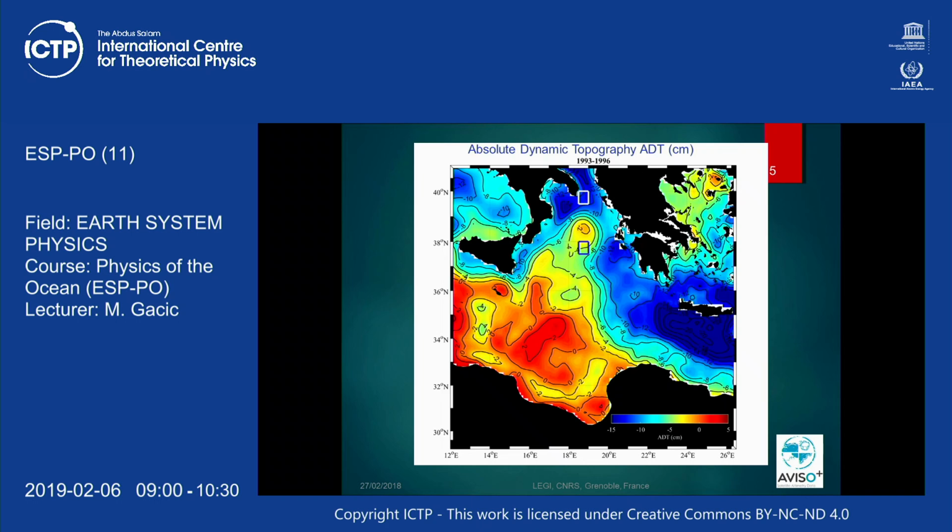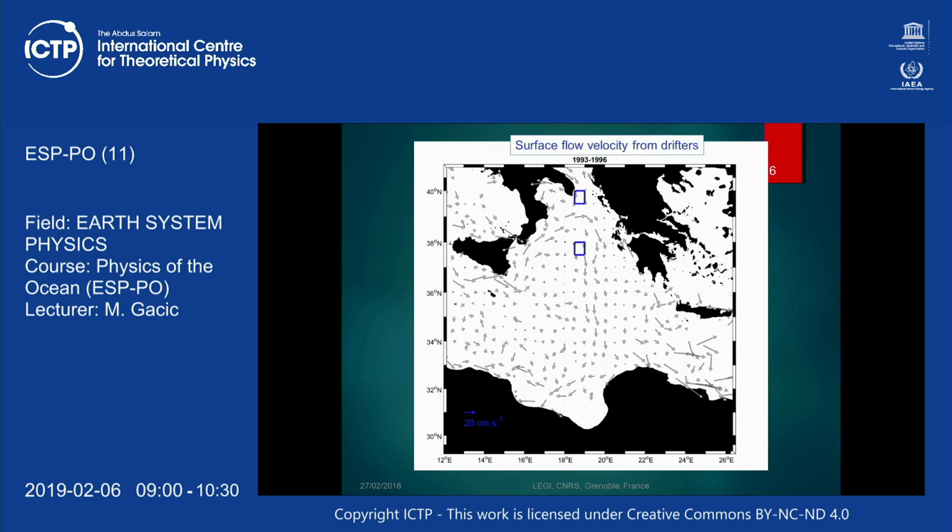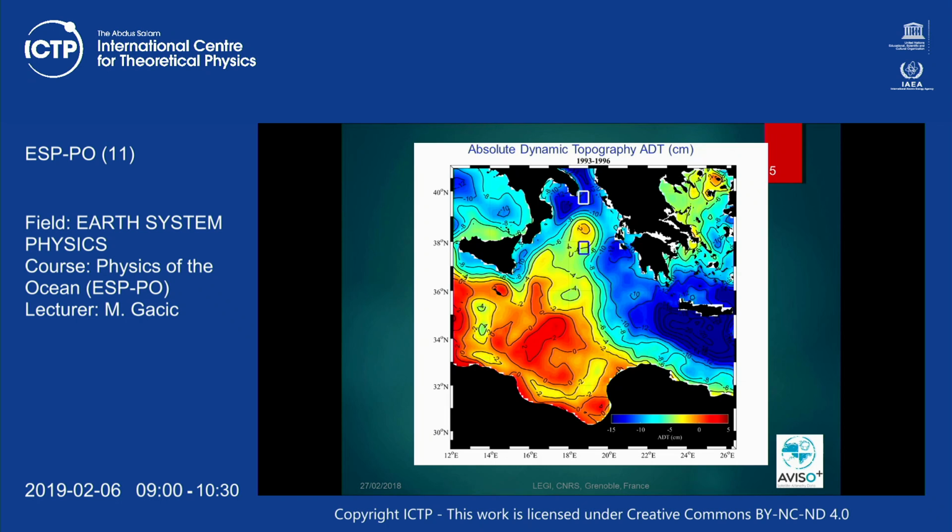This evolution is clear, and we constructed a simple parameter which is the difference in sea level between these 2 points. If you take the differences in sea level height between these 2 points, this is practically the sea surface geostrophic flow.